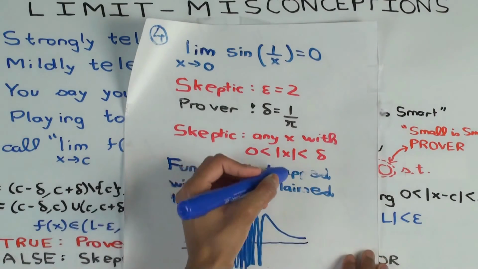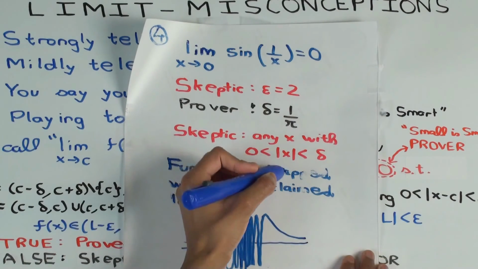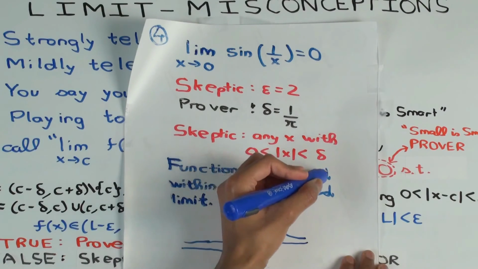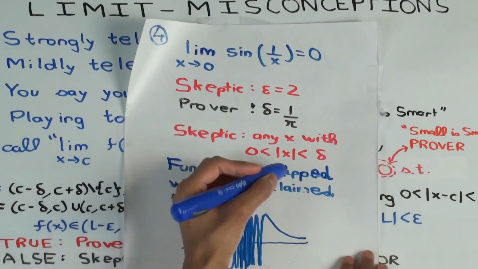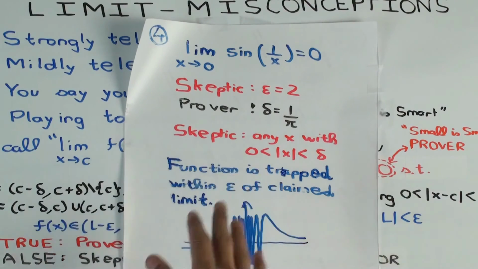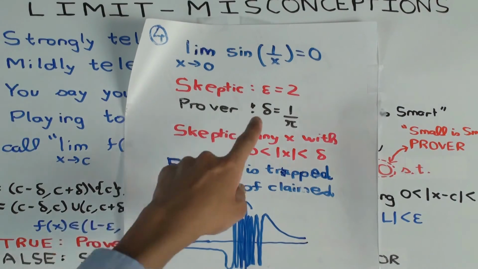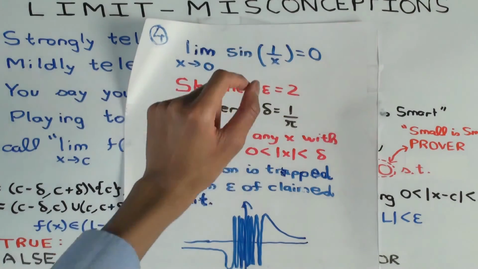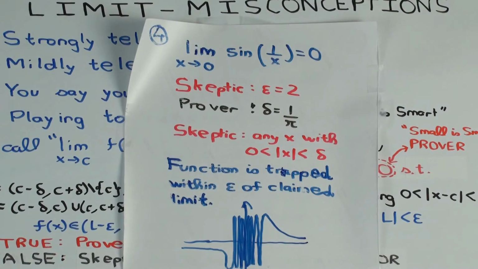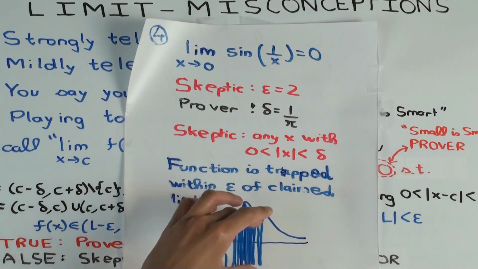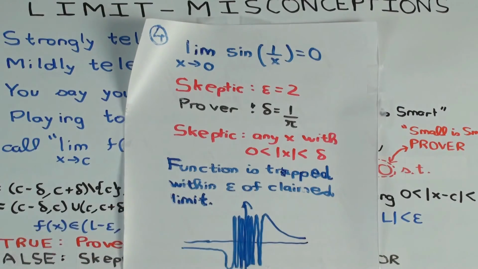So regardless of the x that the skeptic picks, the function is trapped within epsilon of the claim limit. Is that true? Yes, because sine 1 over x is always between -1 and 1, right? And therefore, since the skeptic picks an epsilon of 2, the function value is completely trapped in the interval from -1 to 1.